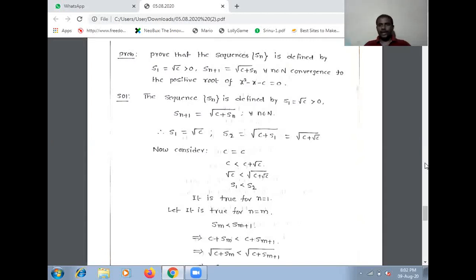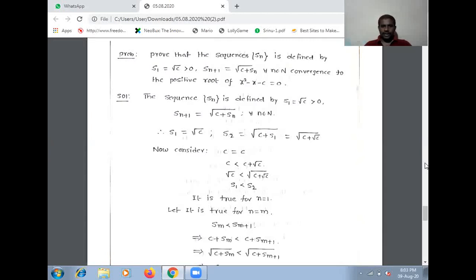The second term means you can put n equal to 1 in Sn plus 1. So S2 equal to root of c plus S1. But S1 is already given as root c. So substituting here, root of c plus root c is S2.